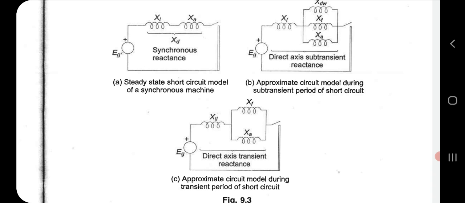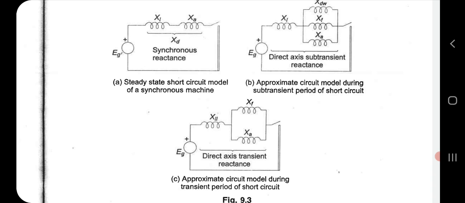When any fault, three phase fault or line to line ground fault, symmetric fault, asymmetric fault, any of the faults occurs in the generator or near the generator, a lot of changes take place. The value of the current increases to the maximum value.